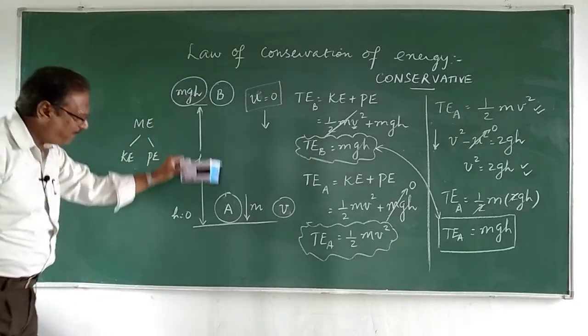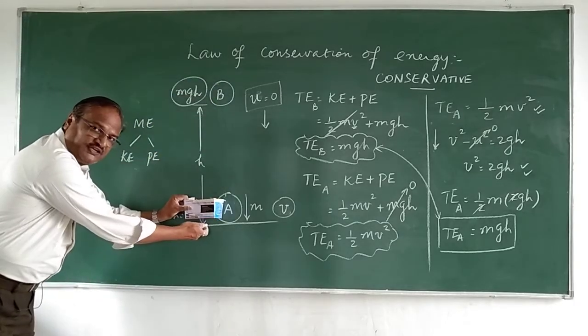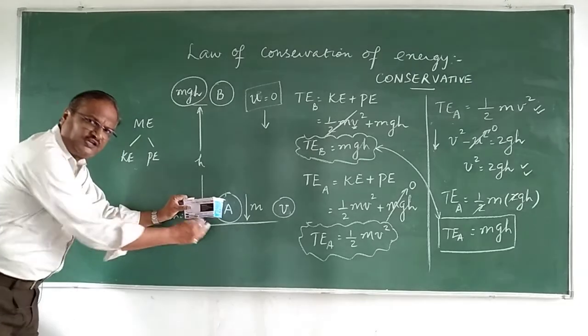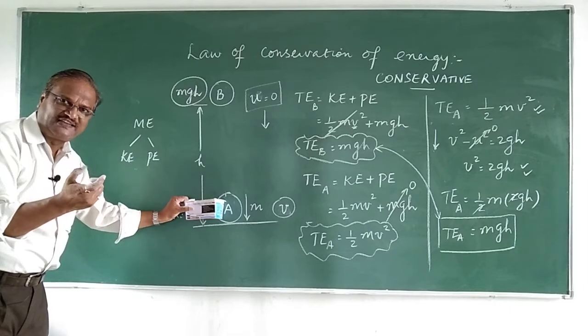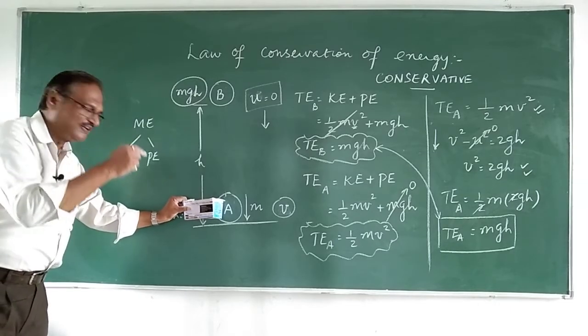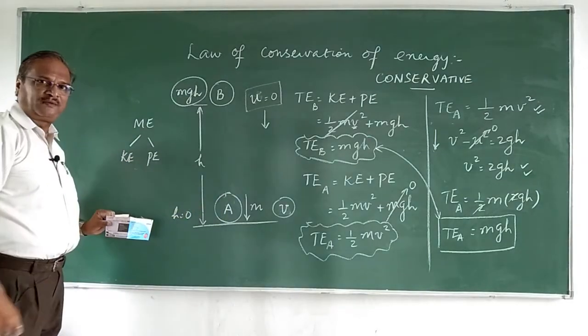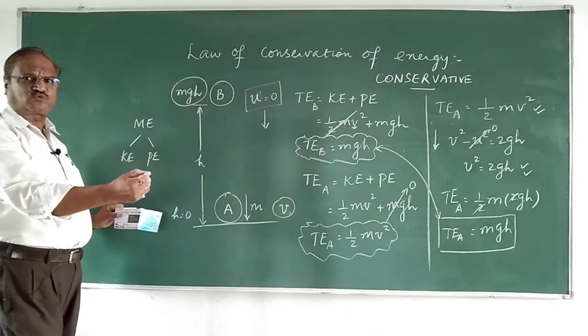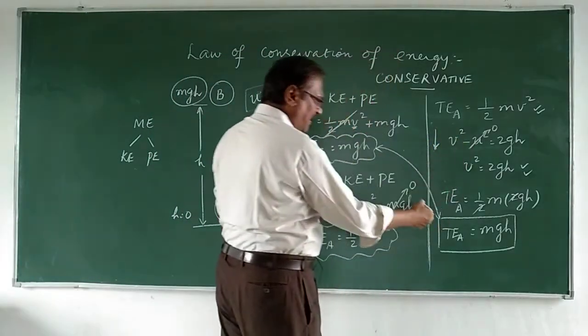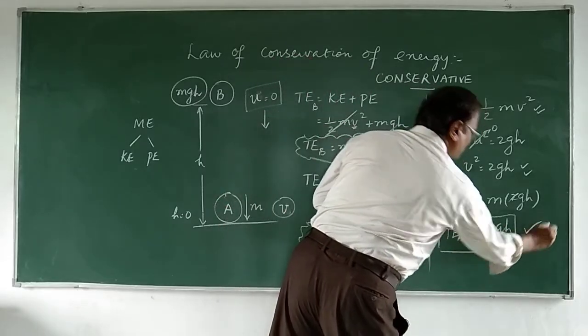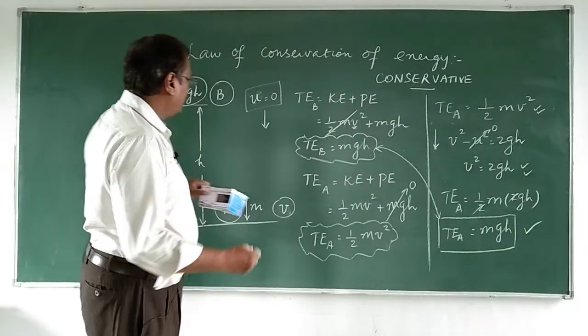And when I drop it, it comes and strikes. If I keep a piece of chalk, the chalk piece will break into pieces, right? But what is the energy at that time? That is kinetic energy, half mv square. By taking the third equation of motion, we can say that the kinetic energy value is the same, mgh.